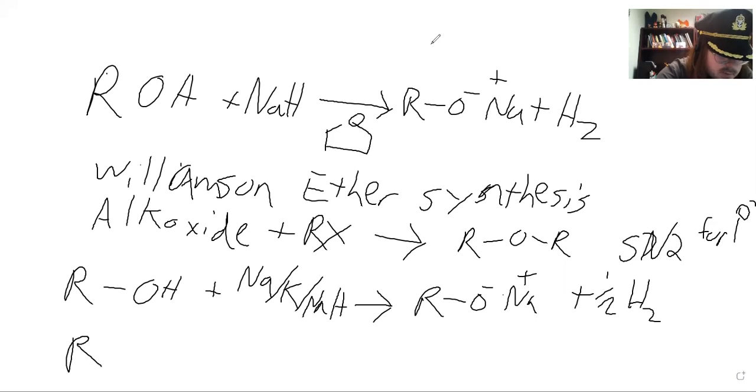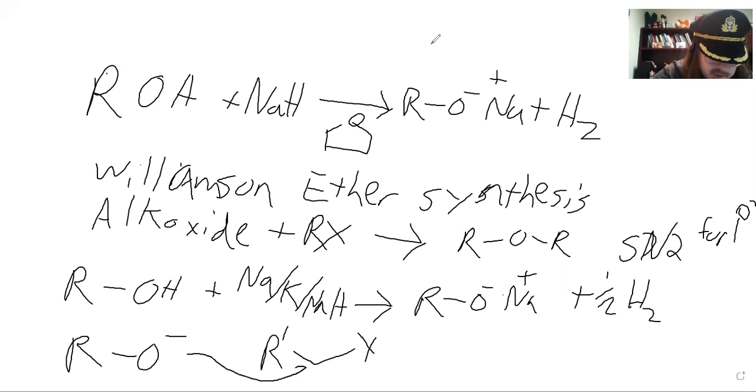Now, by making that, we've essentially formed an incredibly strong nucleophile, which is then going to backside attack, kick off the halogen. And so now we formed our ROR.